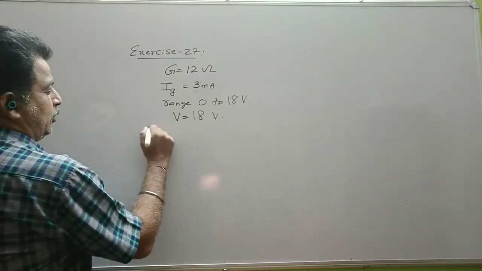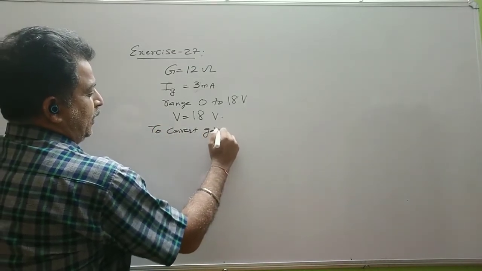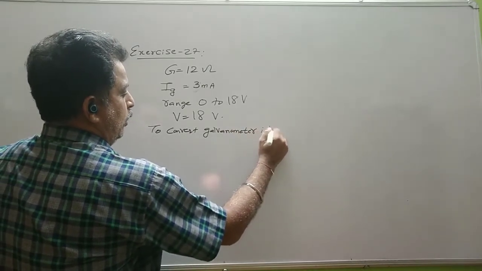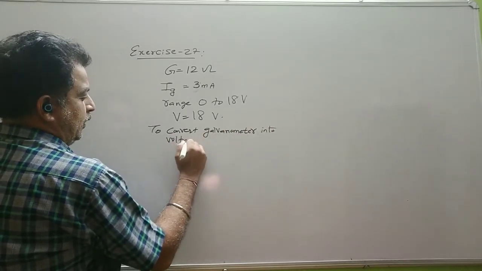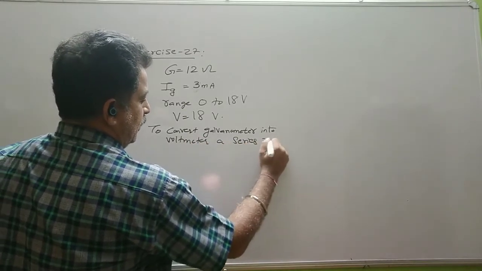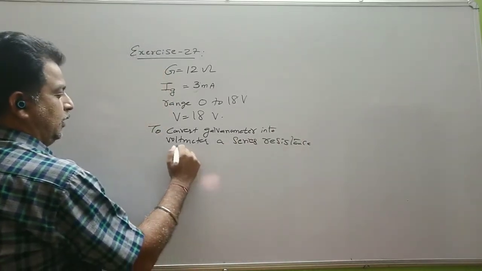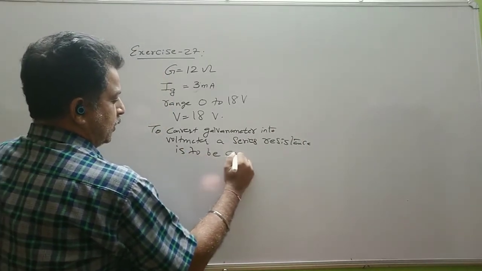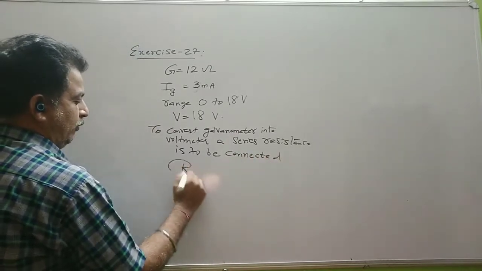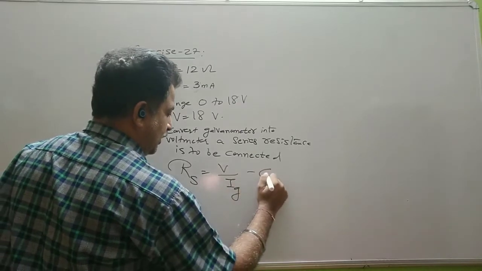So we know that to convert a galvanometer into a voltmeter, a series resistance is to be connected, and its formula was V upon Ig minus G.